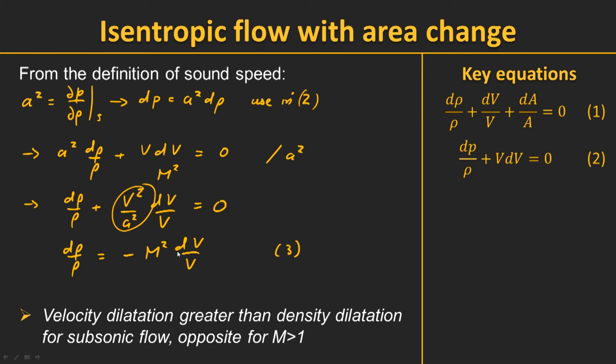It's also the case that the density and velocity always have to change in opposite directions. So when a flow accelerates and the velocity increases, dv is greater than 0, then the density has to decrease, so dρ is less than 0. So let's transfer equation 3 to the list of key equations and move on.